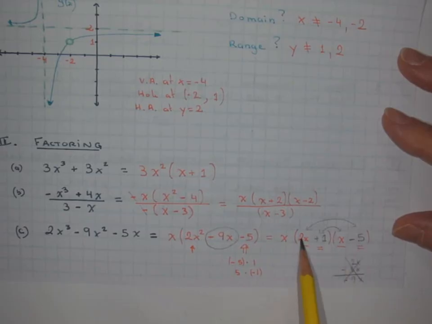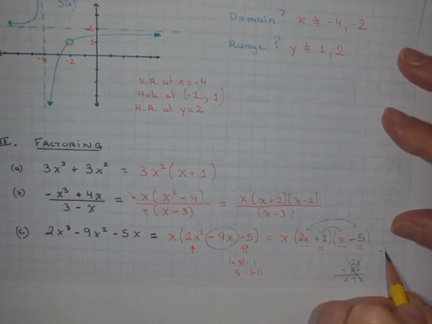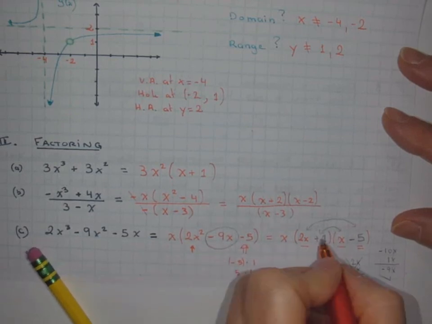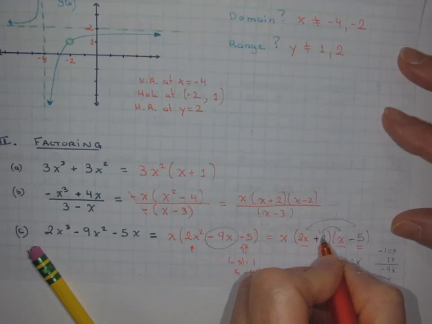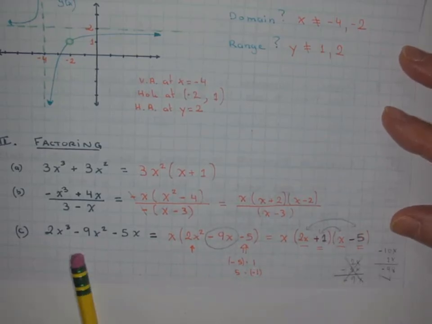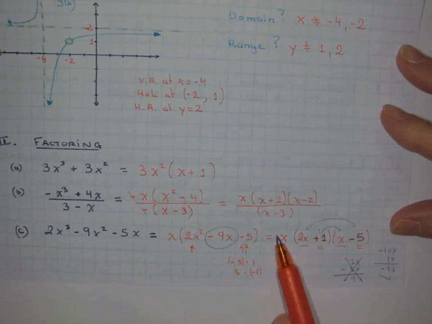So 2 times -5 is -10x, and then 1 times x is just 1x, and when I add those two, I get -9x, which is what I wanted, right? So that's my winner combination. So I want a +1 here and a -5 here, and that will be your completely factored form, right? This whole thing now is the factored form. Okay.